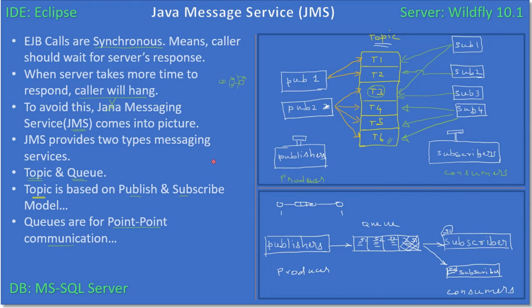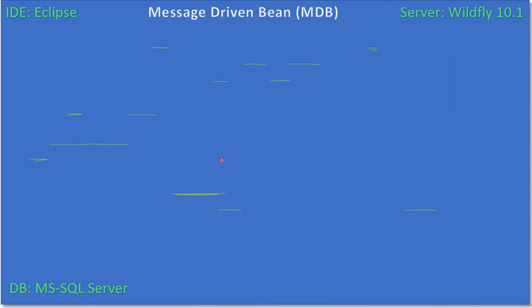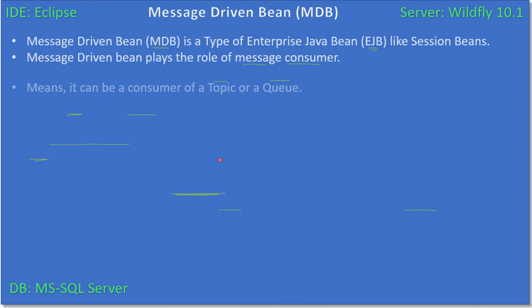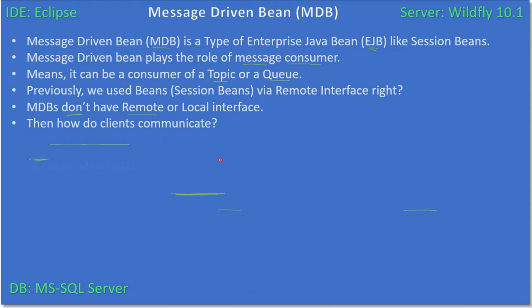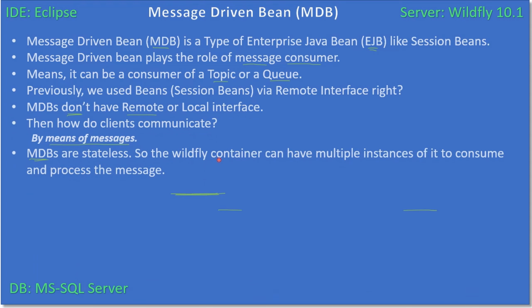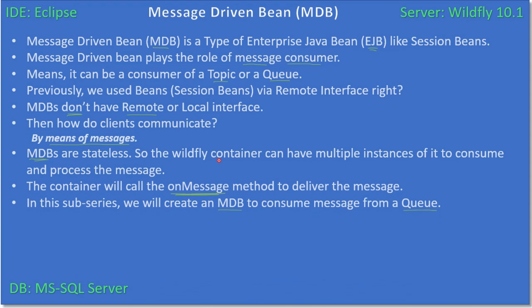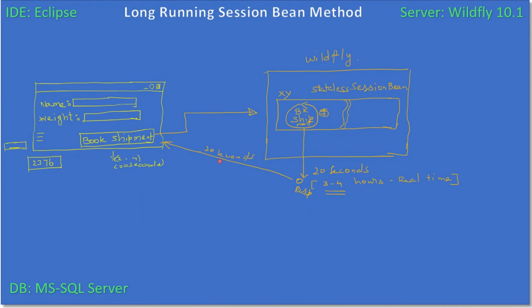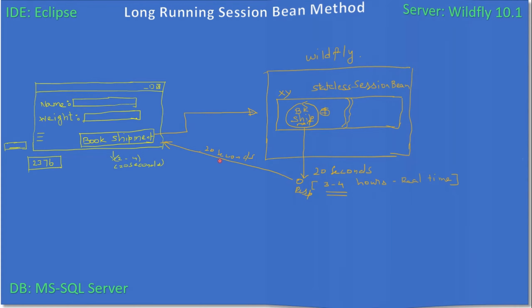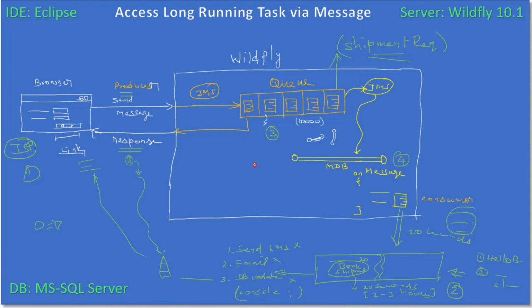WildFly supports JMS, and there are 2 concepts in JMS: one is queue and another one is topic. Then we learned about the message driven bean and how it acts as a consumer. Since it doesn't have any remote interface, the means of communication here is messaging. Next, we talked about long running tasks and how the MDB onMessage will resolve that.